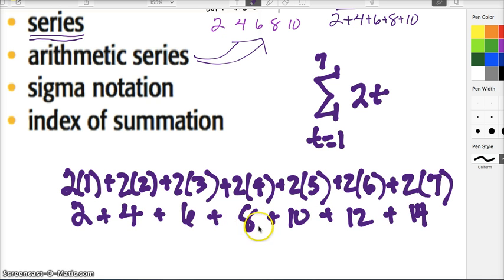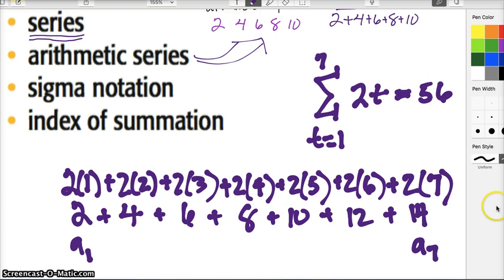And then we can see that this summation expression really just refers to an arithmetic series like the one we started off with. In this case, we started with the first term and we went all the way to adding the 7th term. So we added up all of these numbers, and when we do, we get that the answer is 56, the sum of all of these numbers.